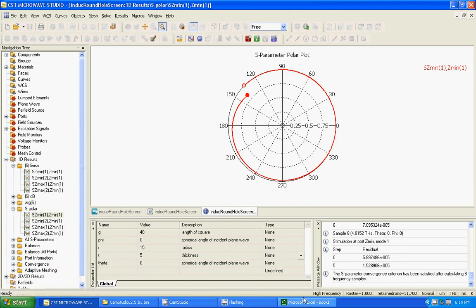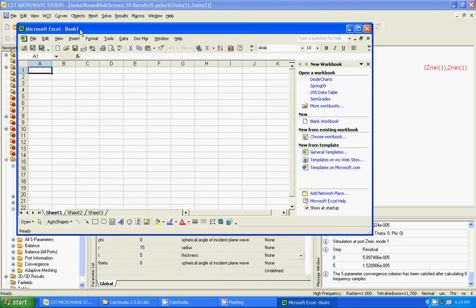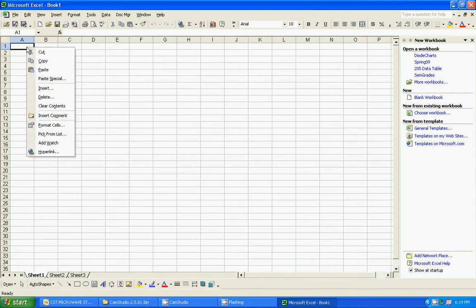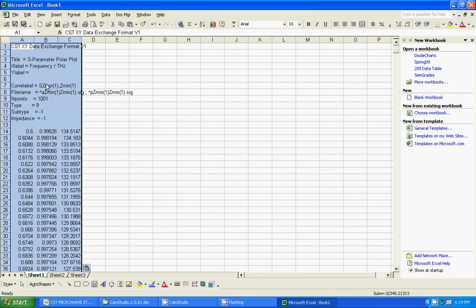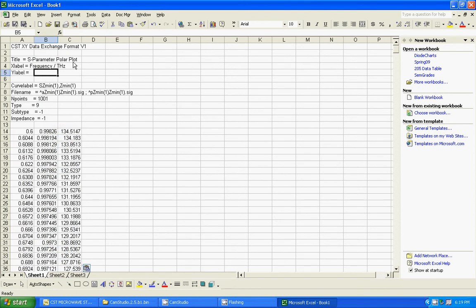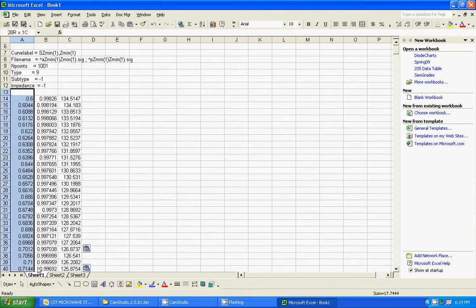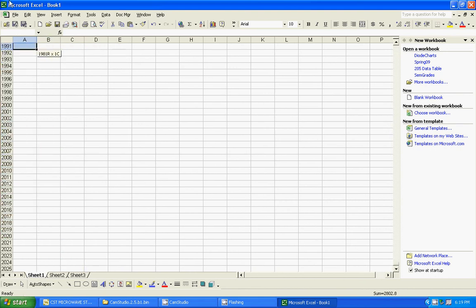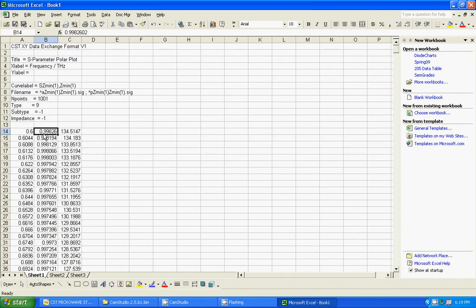Now what this gives you is the polar plot points. This column is going to be your frequency. This column is going to be the corresponding amplitude of that scattering parameter. So in this case, this is S11, the amplitude of S11. And this column is going to be the corresponding angle to that scattering parameter, S11.